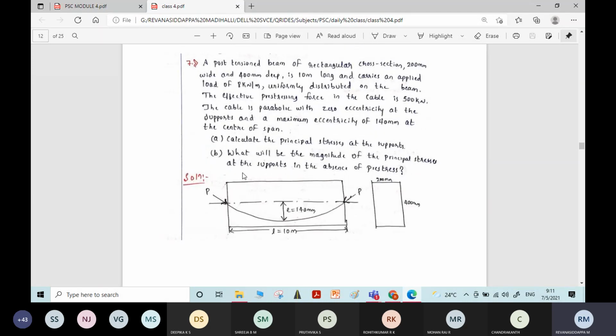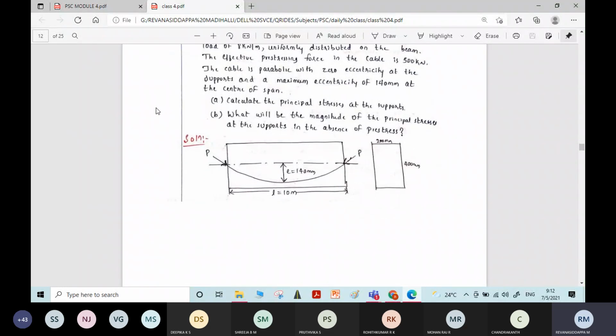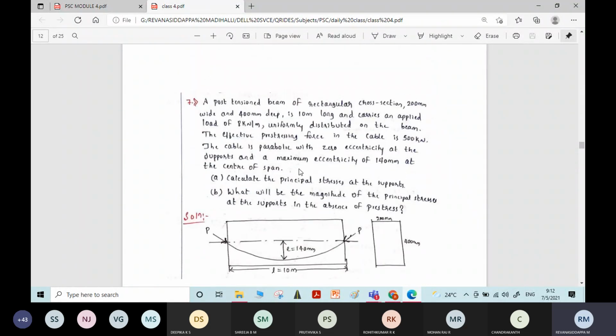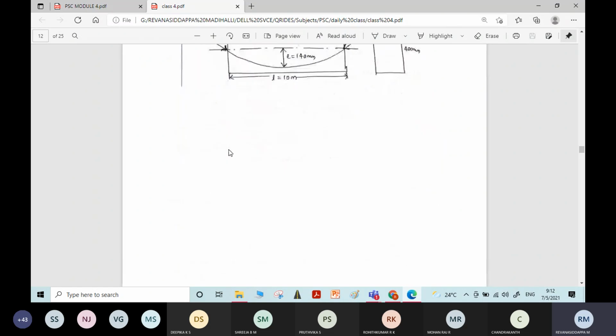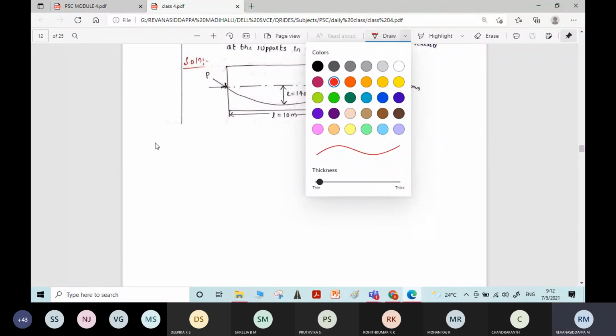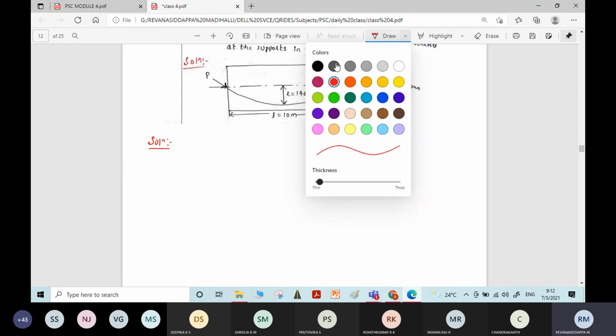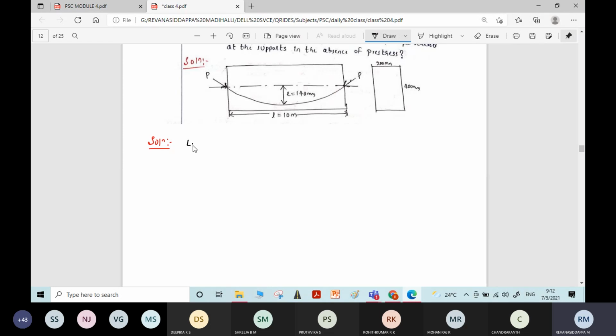Other than geometric properties, what are the things given that you write? Pre-stressing force is given. Applied load, live load is given. Live load is given as 8 kilonewton per meter.